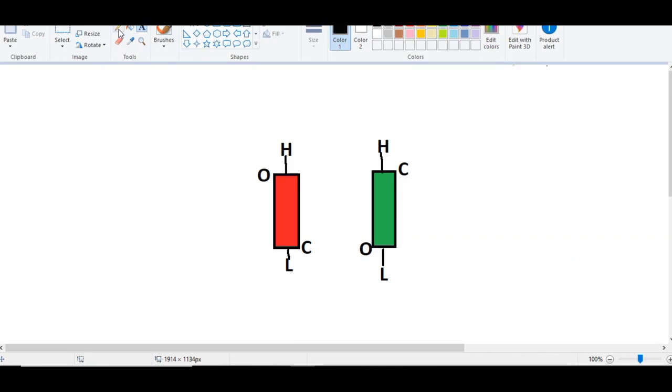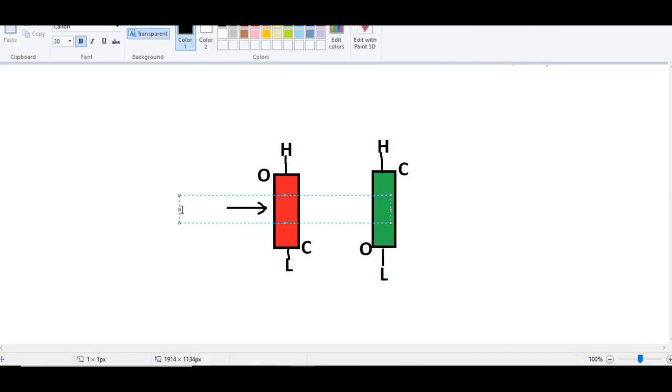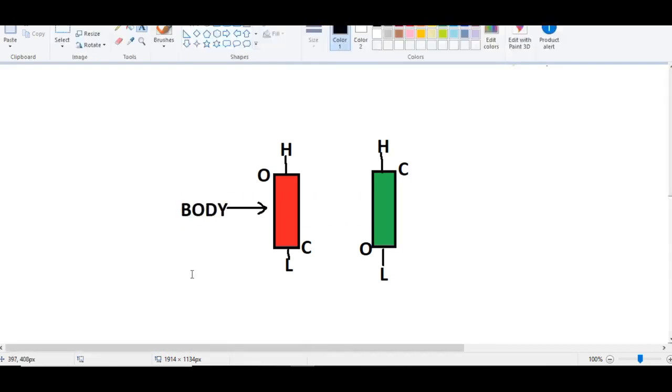Okay, now that we've understood the open, high, low, close of the candle, we also learned that it is a red candle because it opened higher and closed lower, and it's a green candle because it opened lower and closed higher, right? Now this red part that you see, that is called the body, right?